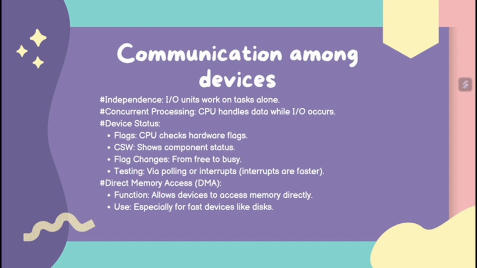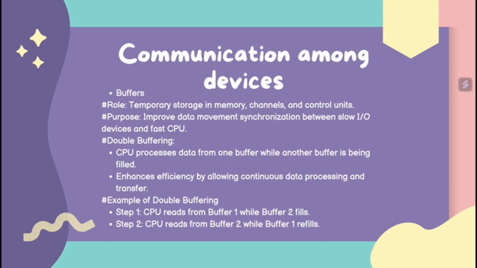And then we go to direct memory access, which we often call DMA. The function of DMA is to allow devices to access memory directly, especially for fast devices like disk. And then buffer. A buffer is temporary storage in memory, channels, and control units. It improves data movement synchronization between slow I/O devices and the fast CPU.